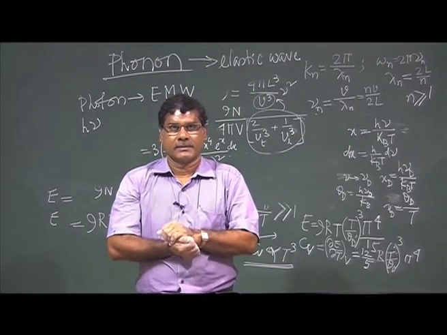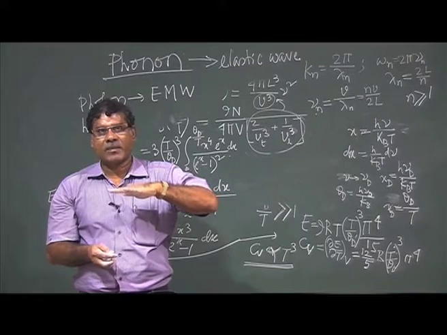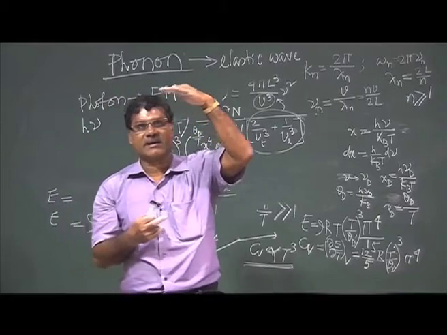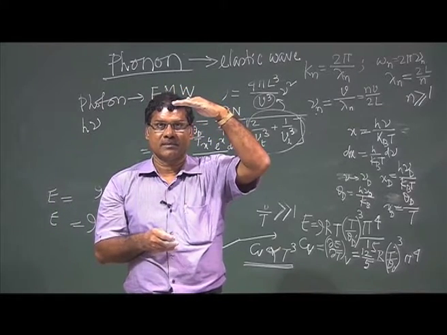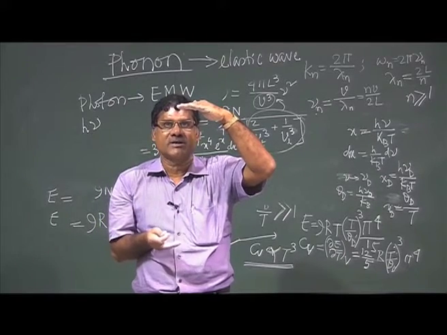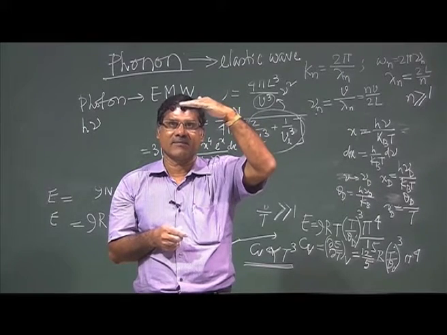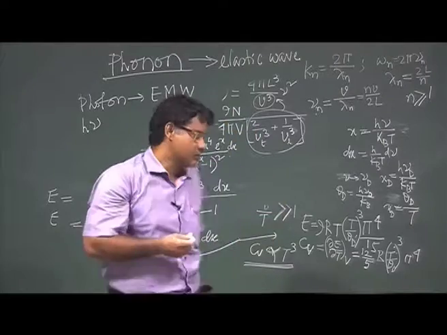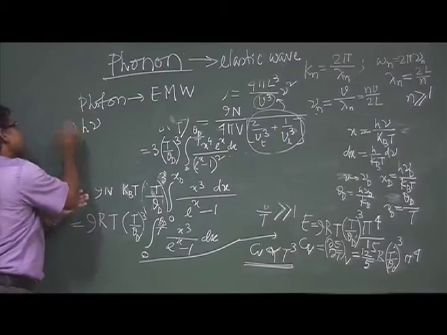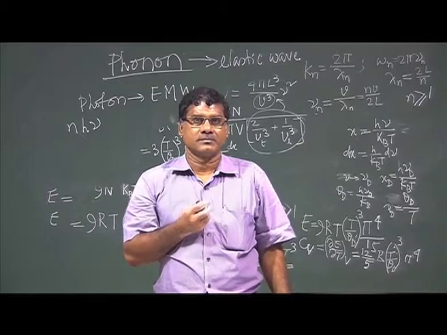So, when this elastic wave or mode of vibration is in the nth energy level, its energy in the ground state was h nu, and in the excited state, when it is excited to the nth energy level, its energy is n h nu, okay.